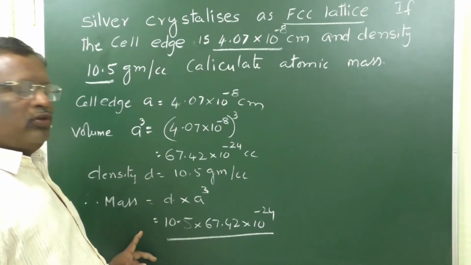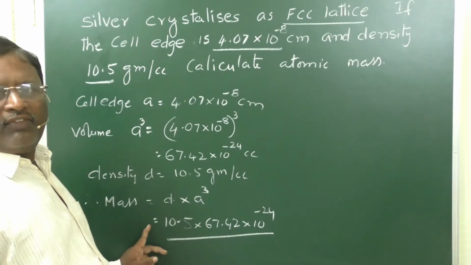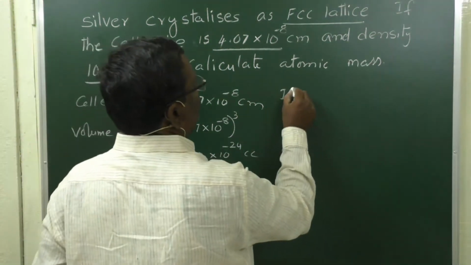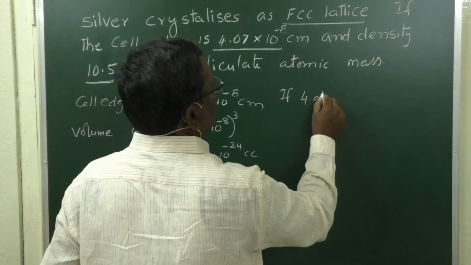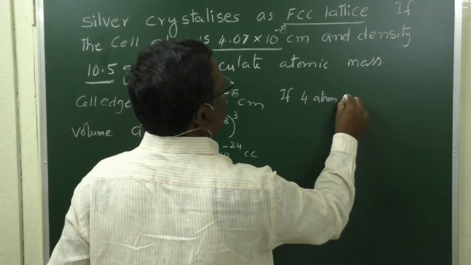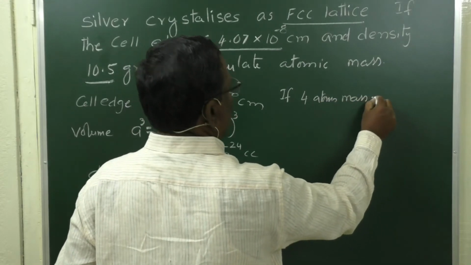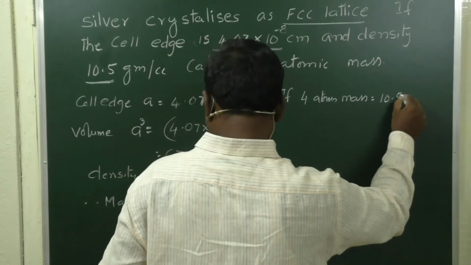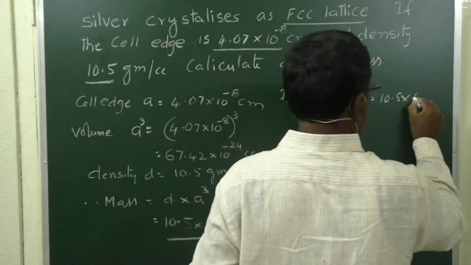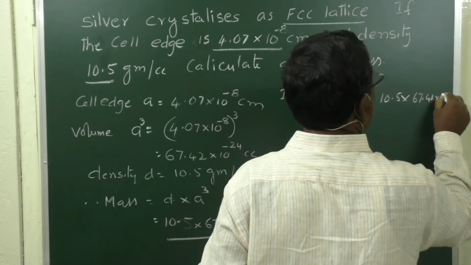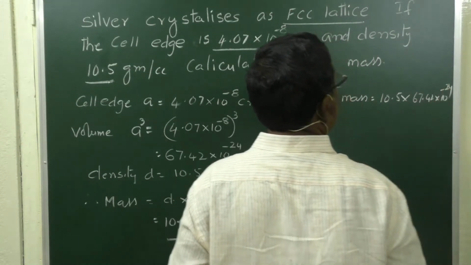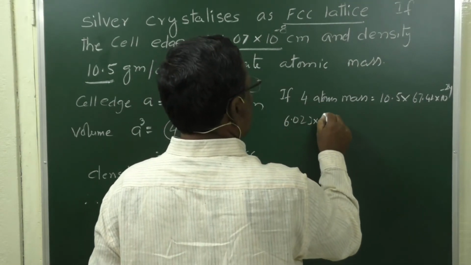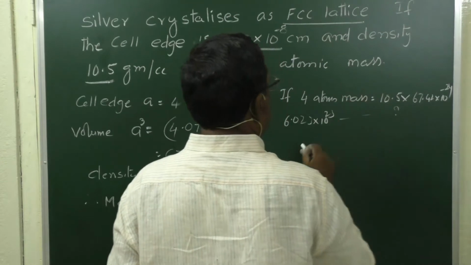So, if the mass of 4 atoms is equal to 10.5 into 67.42 × 10^-24, then the mass of 6.023 × 10^23 atoms is how much?